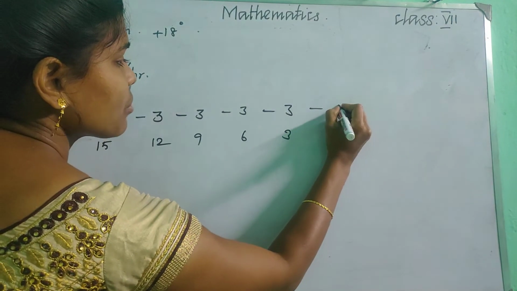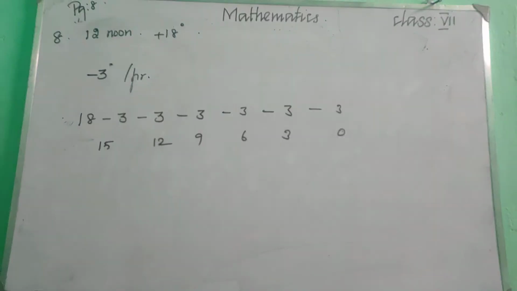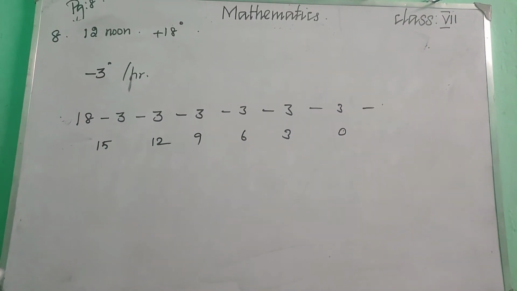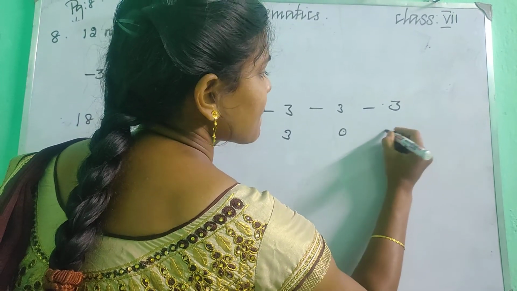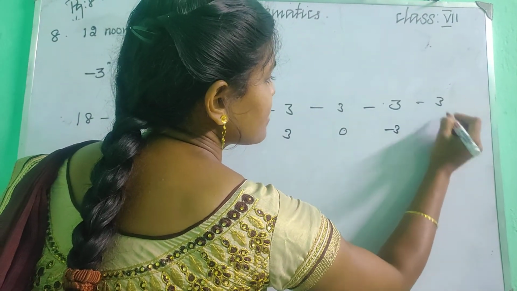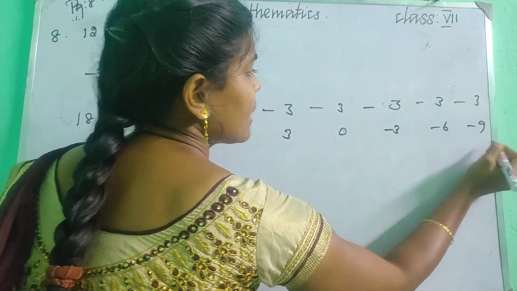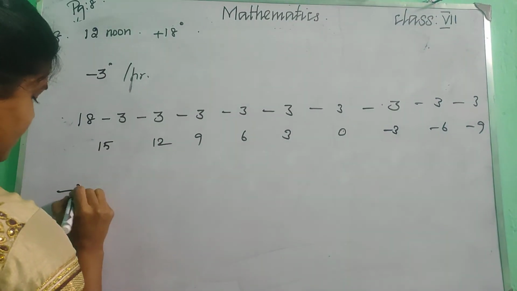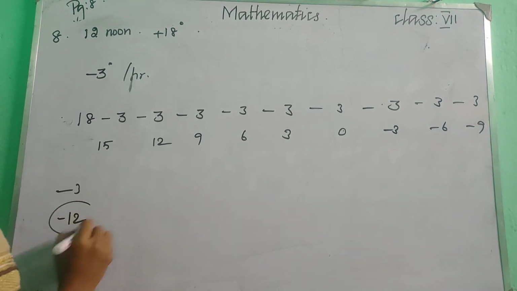And again minus 3, 0. Again minus 3, we'll get minus 3. Again minus 3, minus 6. Again minus 3, minus 9. And again minus 3 means we'll get minus 12. So this is the thing we need, right?